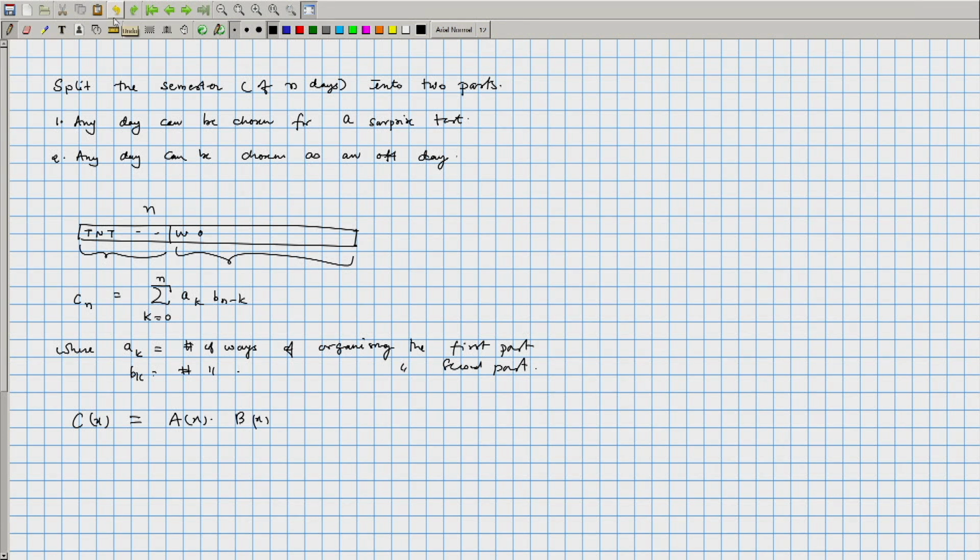So, Ax is the generating function of the sequence An, and An is going to be 2 raised to n, because if you had n days or k days, every day you could either have a test or no test. There are 2 possibilities, total there are 2 to the power k possibilities, and therefore, Ax is equal to summation 2 raised to k x raised to k, k going from 0, this is going to be 1 by (1 minus 2x). And Bx is also exactly the same thing, instead of surprise test we have an off day or a working day.